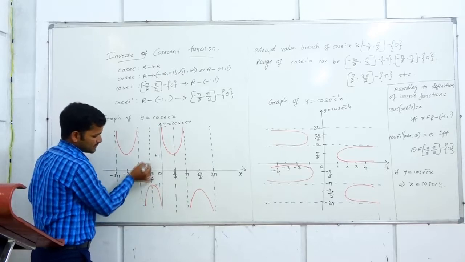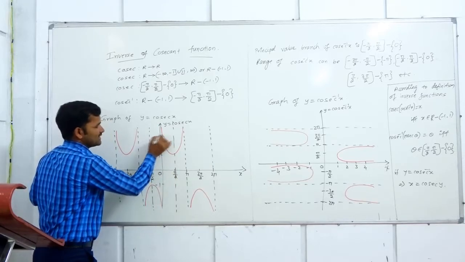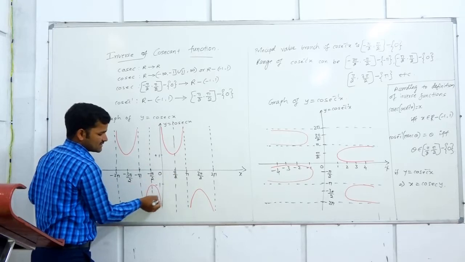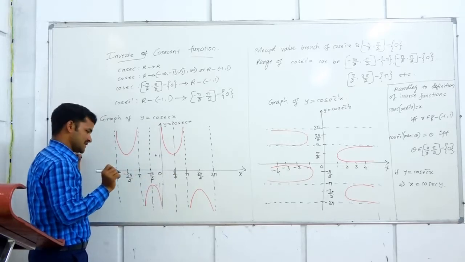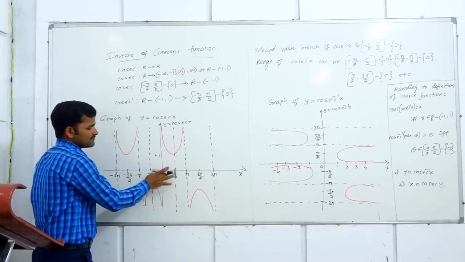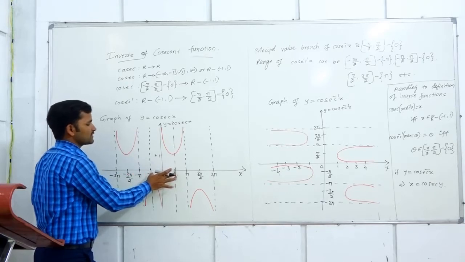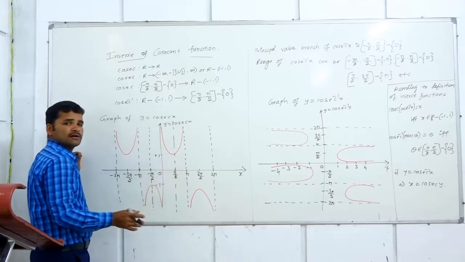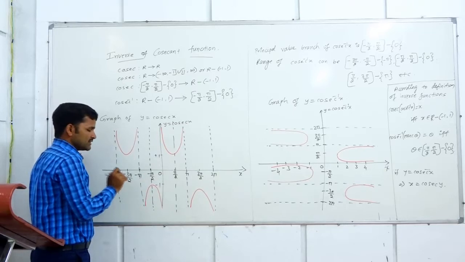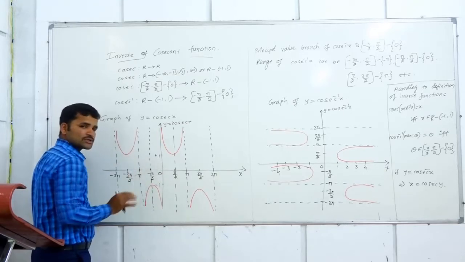Here only once and here also only once it is intersecting. Means in the interval minus pi by 2 to plus pi by 2, the given function becomes one-one. But one thing we should observe here: at 0, cosecant is not defined.